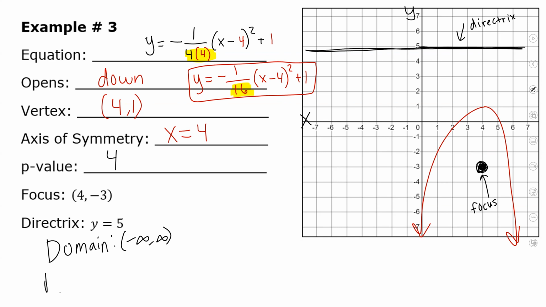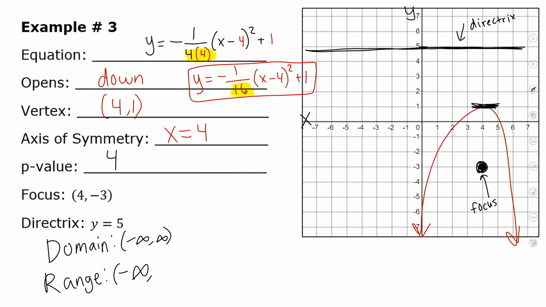Let's talk about the range this time. So the very bottom, it has arrows. It goes down forever. So what is that pointing to? Negative infinity. So for range, you always start at the bottom and then you go up to the top. So the top is up here at 1.